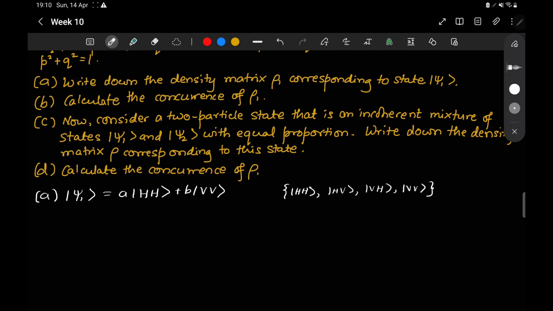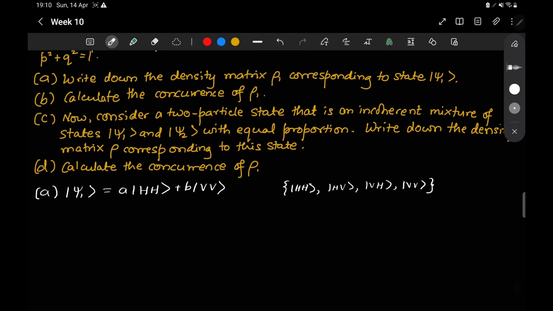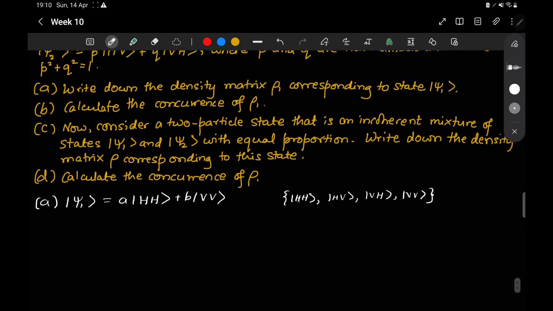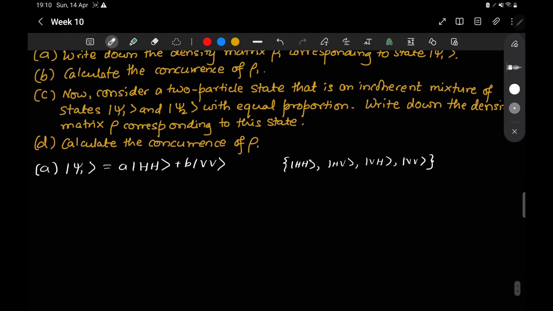This is the two-particle basis, two-dimensional because each particle can reside in 2 dimensions, that is H or V, and the basis set itself has 4 elements. So this is the complete basis, and in this basis we can clearly see that the coefficients of these other basis terms are 0. So this is the basis.